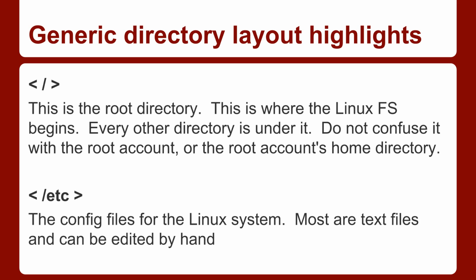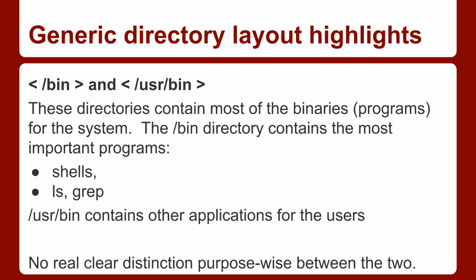So the config for all the services, all the applications, anything you can run. Effectively, if it has a config file, first place to look for it would be in /etc. And they're mostly stored in text files that can be edited by hand. Well, by your favorite text editor, rather.